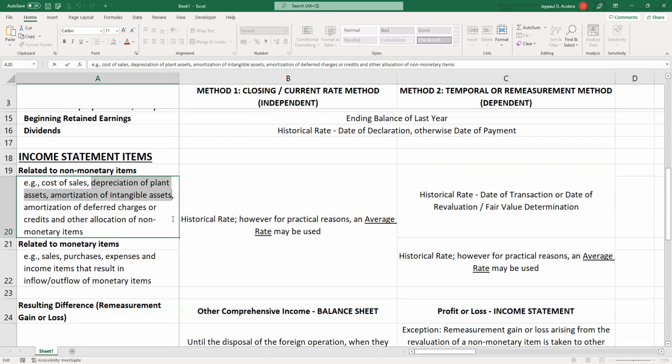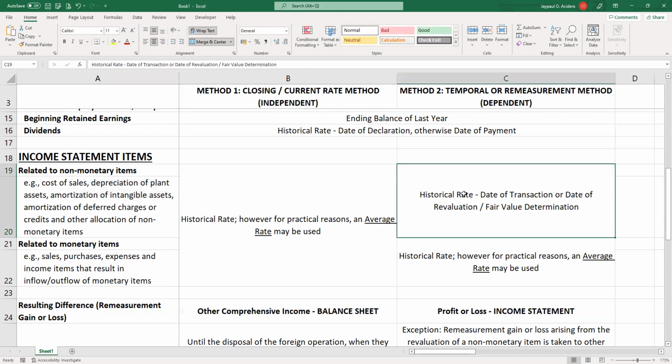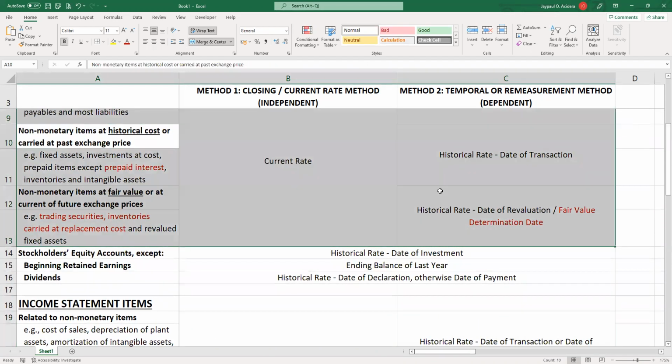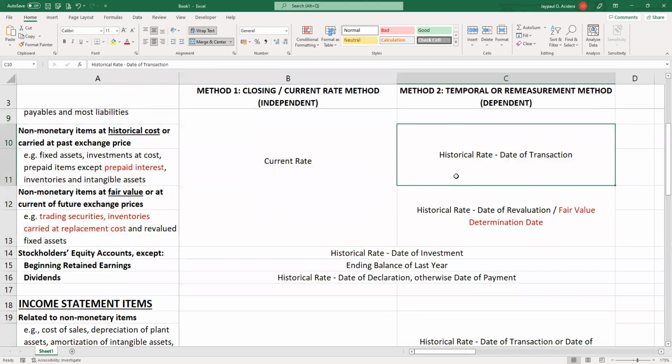So yung depreciation expense and amortization expense, pagdating sa method 2, we use historical rate, which is kung ano yung ginamit natin dito sa non-monetary items. Okay? So that is the date of transaction historical rate.